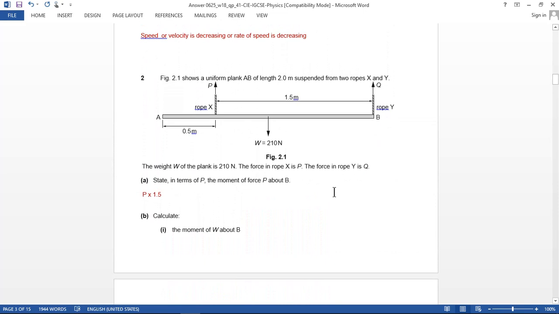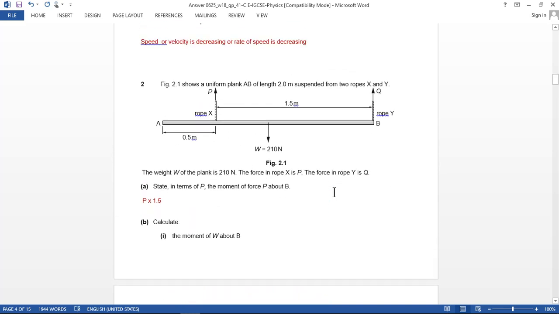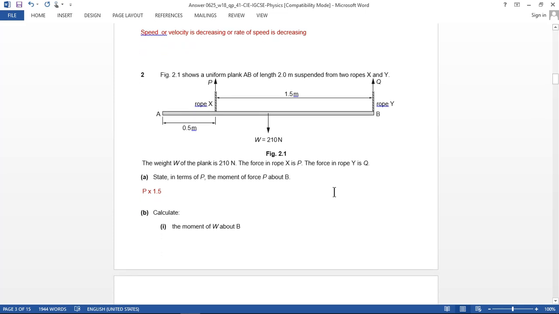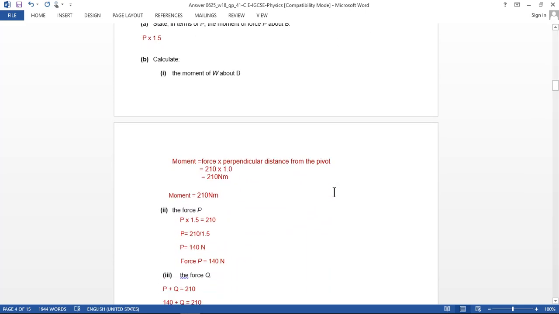Okay, now see the force, that is 210, and if you talk about this distance here, and if you subtract this one, so you will get the 1 meter. So the answer is 210 Newton meter.